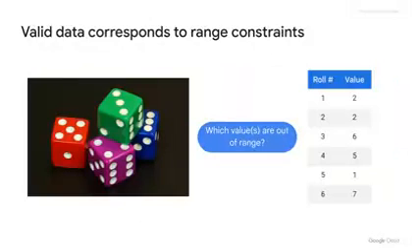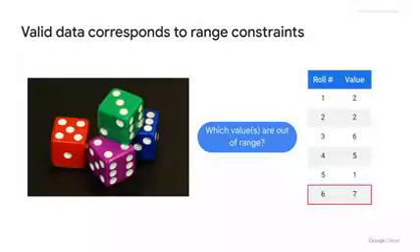Second up, valid data corresponds to constraints of ranges. So here we go. Which values are out of range? You've got some dice, and you've got the rolls here, the occurrences. If you're staring at the number 7, that could potentially be right.